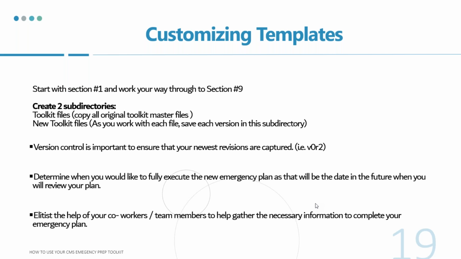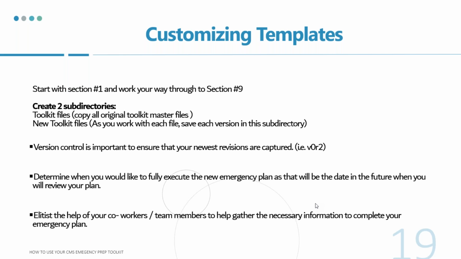Version control is very, very important, because when I'm working on these documents, and there are a lot of them, you want to make sure you're labeling them version 1, version 2, and everybody has a different way of doing that. I put an example over here. It says V0R2, which would be version 0, revision 2, a draft.